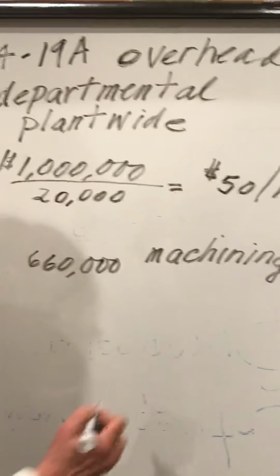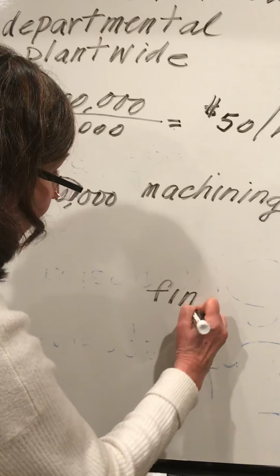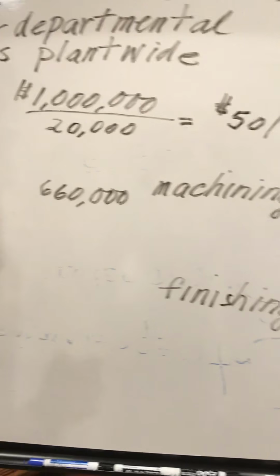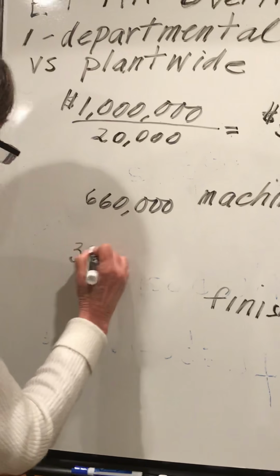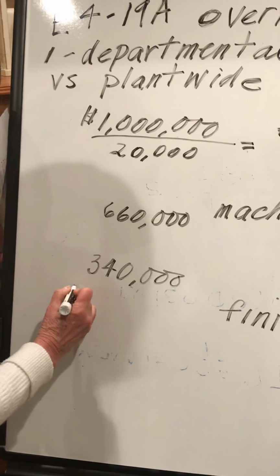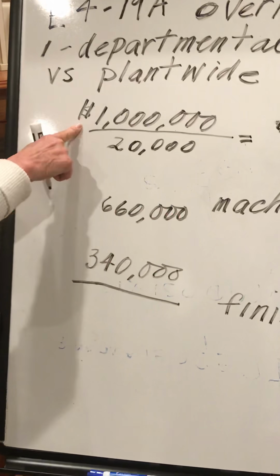And they have a finishing department, so for their furniture. And in the finishing department, they expect they're going to spend $340,000 in overhead, which, by the way, is the $1 million.